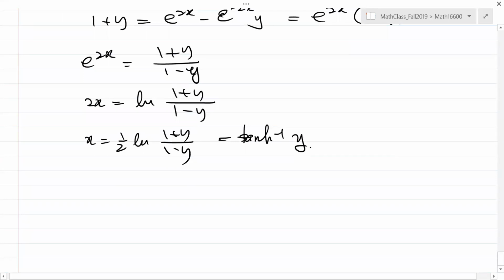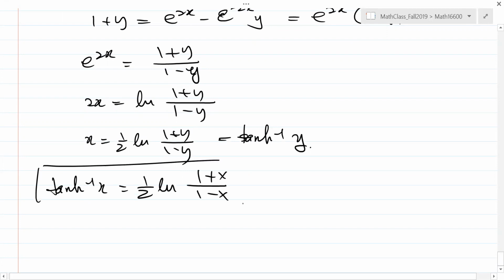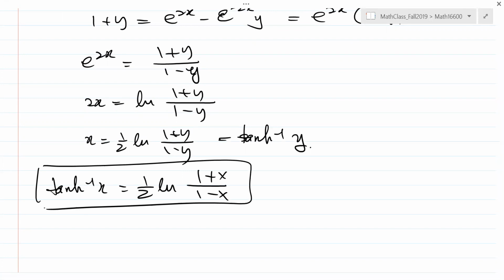So we conclude that we get exactly the same identity as we did before, no matter which approach. Here are different approaches, and using this formula, you can also find the derivative.